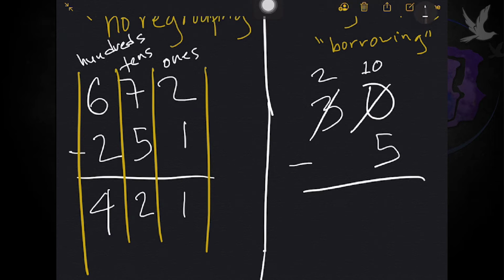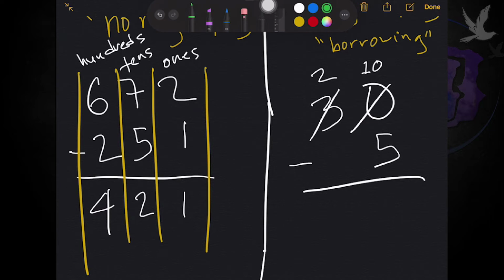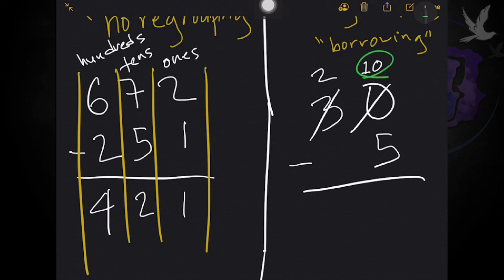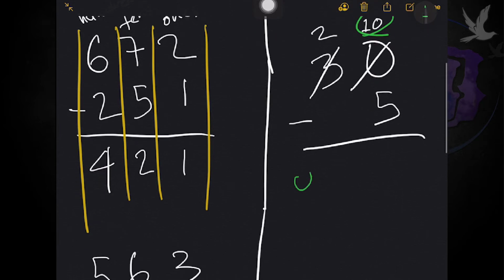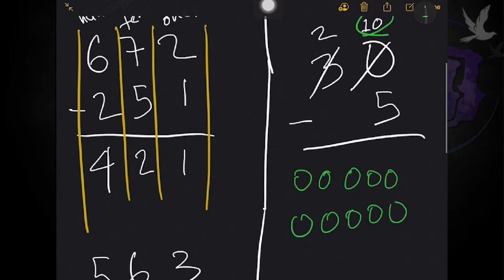Wait lang. So earlier, Arya doesn't have any chocolates. But now, look at Arya now. Arya now has 10. Okay? 1, 2, 3, 4, 5, 6, 7, 8, 9, 10 chocolates. And Shan wants to take away 5 from Arya.